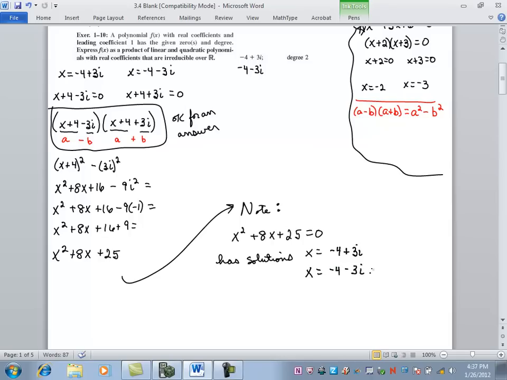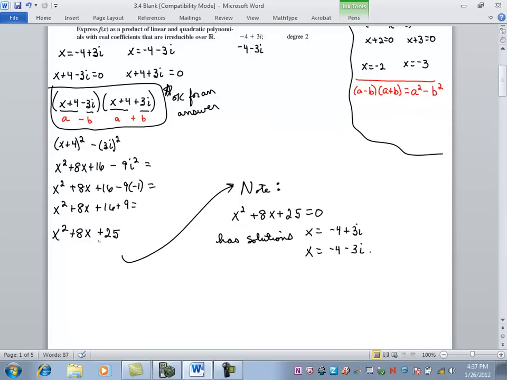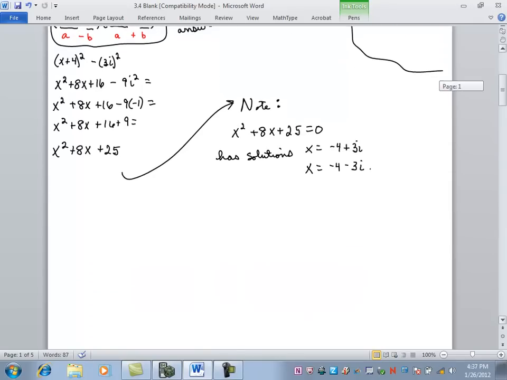Alright, so there is my polynomial expressed as a product of linear and quadratic polynomials. So here's my answer, but I want you to see what else can be done with this information. And I wouldn't take off if you multiplied it out to this. I'm just saying that this in the black is what I would be looking for as a solution.